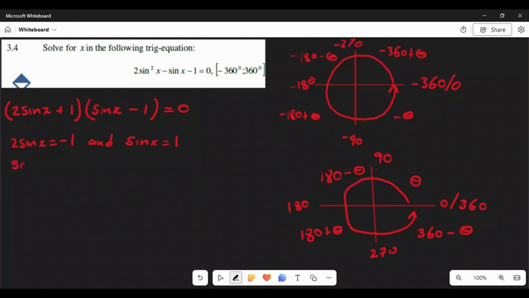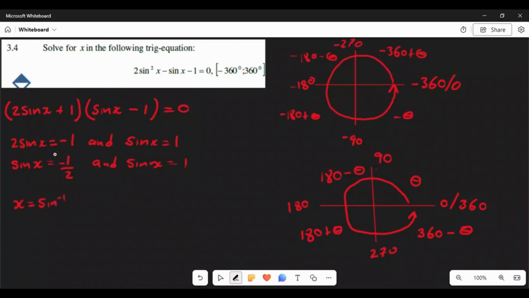When you divide by 2 on this one, you're going to be left with sine x equals negative 1 over 2. This one is still fine as it is, so let's just write it. From here we say arc sine. When you take sine to the other side, it becomes arc sine.